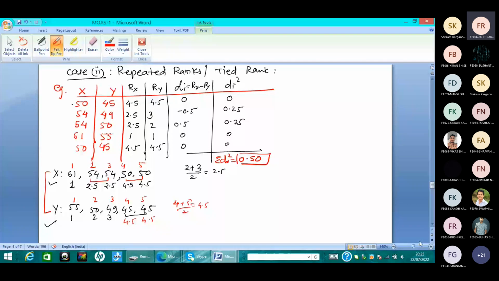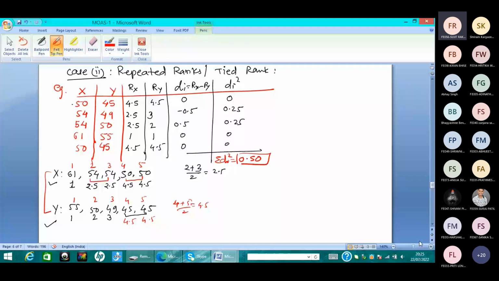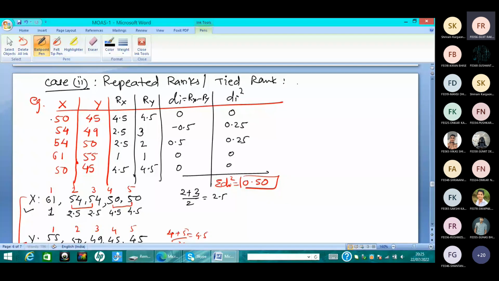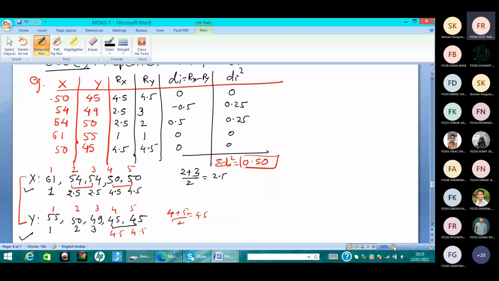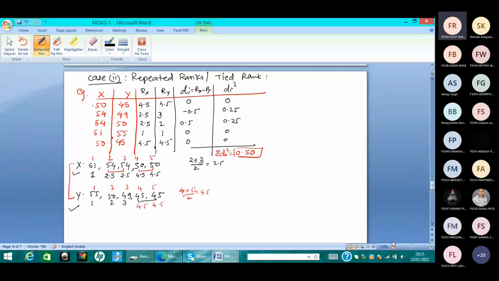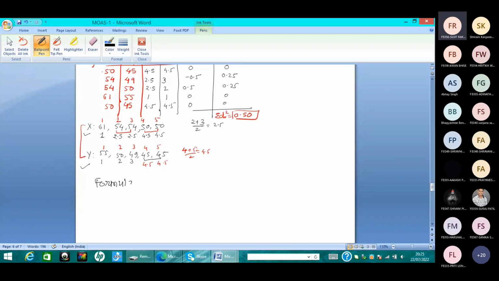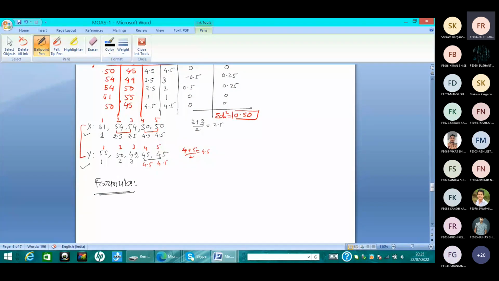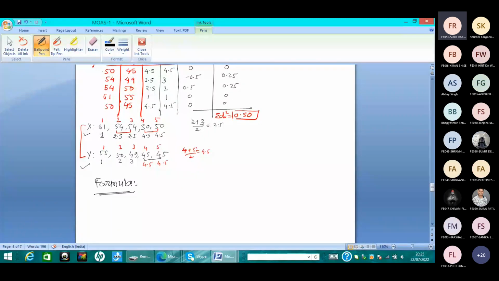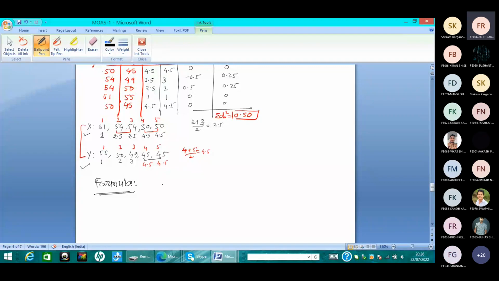Okay, but this is not the end. Here we have to find out a correction factor. So you have to create one more table here. So now I will give you the formula. So what is the formula for that? The formula is rho is 1 minus 6.